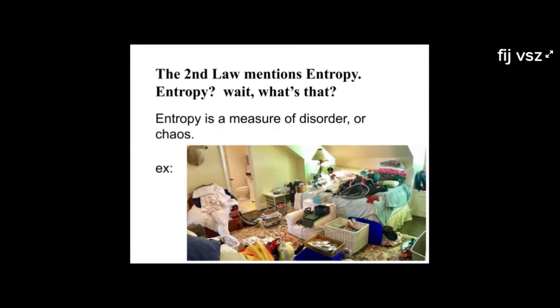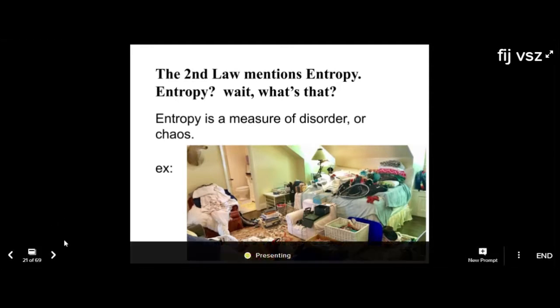At least it always was for me. If I don't tend to my room, it's going to look like this. But going the other way and creating order from disorder takes energy, doesn't it? Right? That's an uphill climb. Getting your room back to looking neat takes energy input. So just think about that while we're going through this.